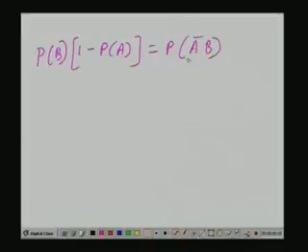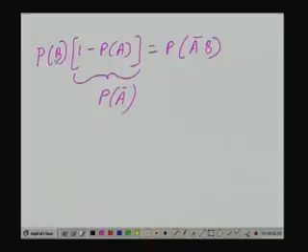Take that as common. So, you get P(B) times (1 minus P(A)). Now what is 1 minus P(A)? This is nothing but P of A bar, because you remember P of A and P of A bar, when added their value is 1, because A and A bar when put under union they correspond to the total set, that is a certain event. So, its probability is 1, which means P of A bar B is same as P(A bar) into P(B). All right. This implies A bar and B are statistically independent.